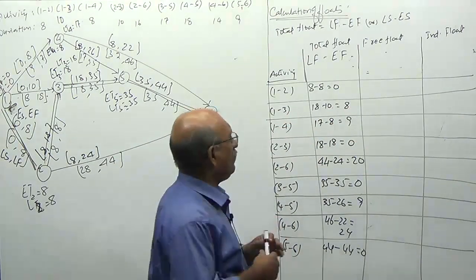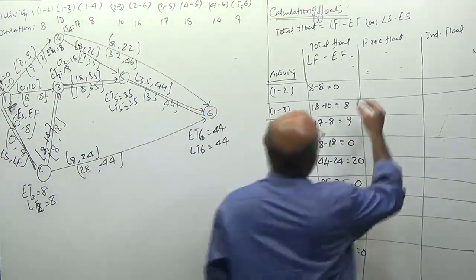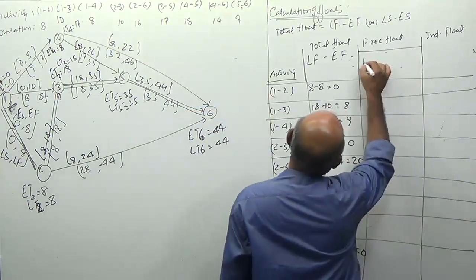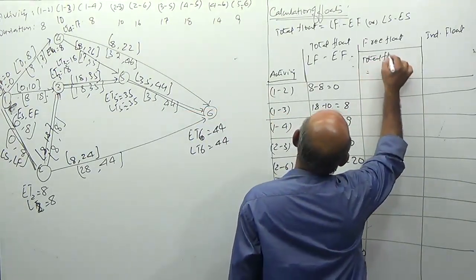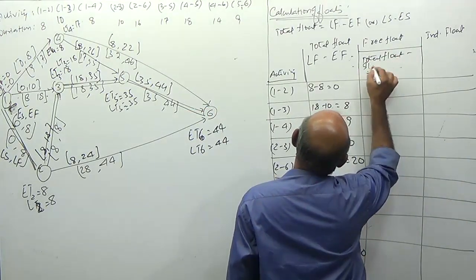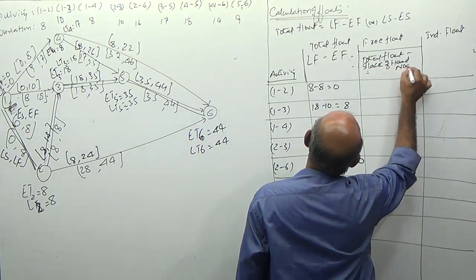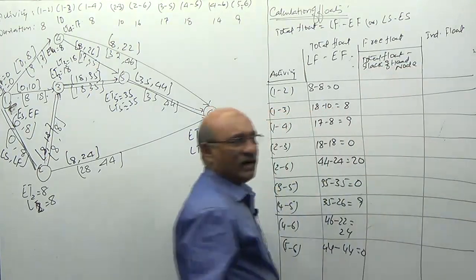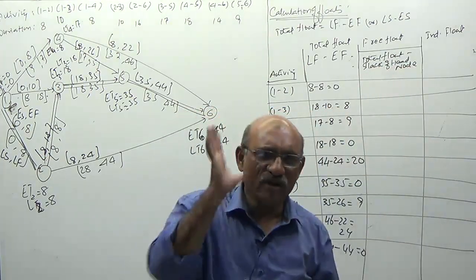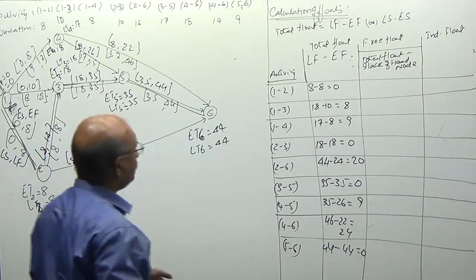This is called a free float. So how can I calculate that? Free float is equal to total float minus slack of head node.